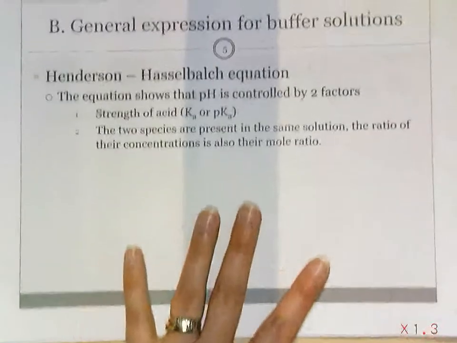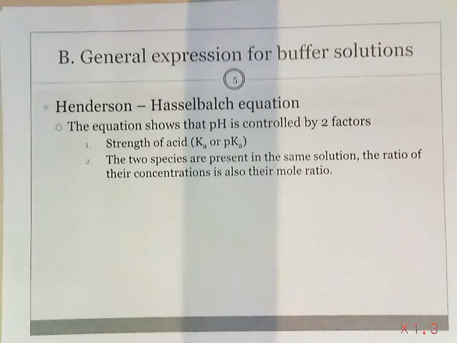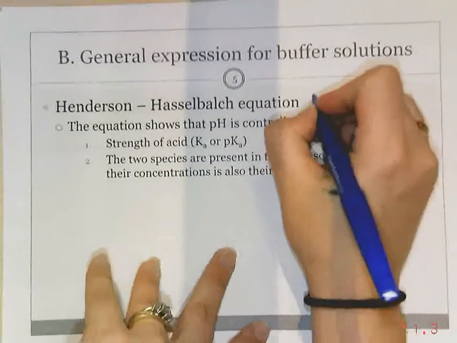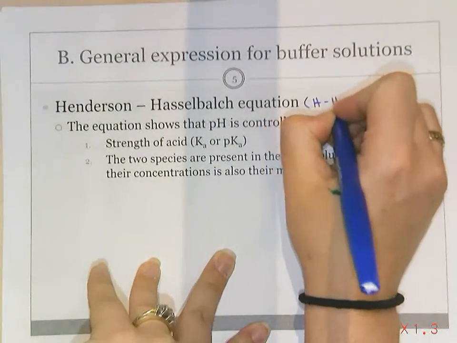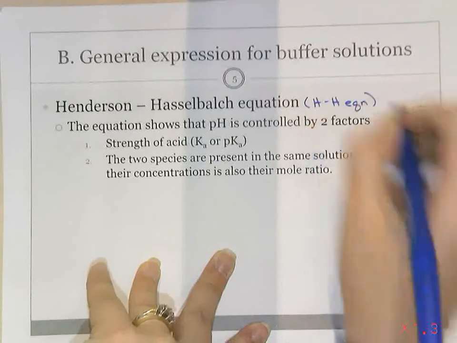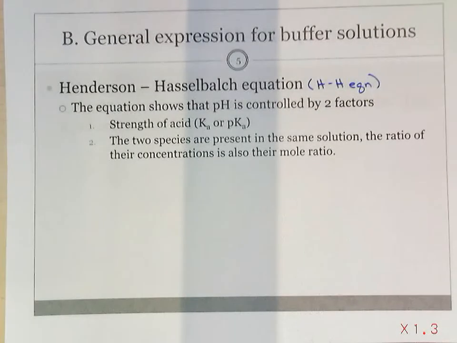So this Henderson-Hasselbalch equation shows that the pH of my buffer is controlled by two important factors. One, strength of the acid, either the Ka or the pKa. That tells me how strong the acid is, and it's included in the equation, so that's a big part.